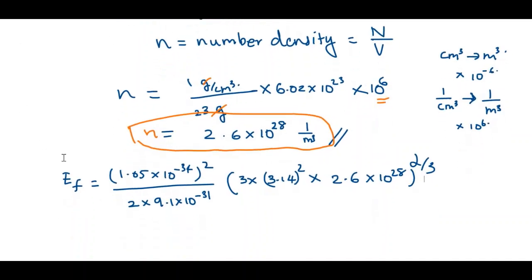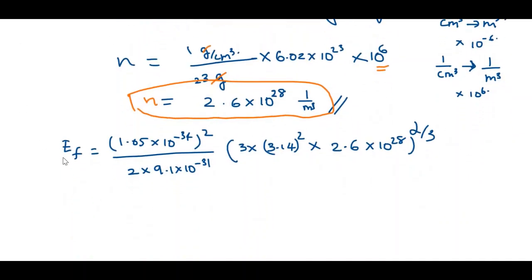Okay. Take your calculator and find this value. The answer becomes 5 × 10^-19 joule. If we convert this into electron volt, how to convert energy in joule into electron volt?